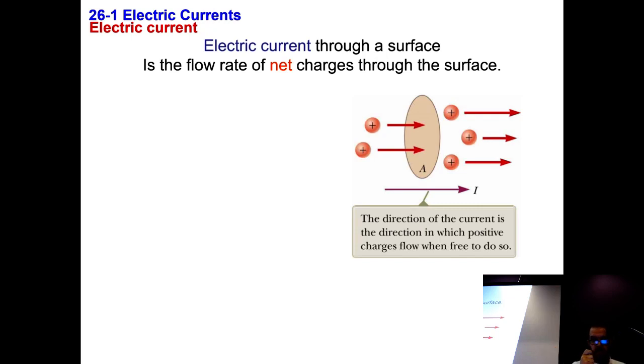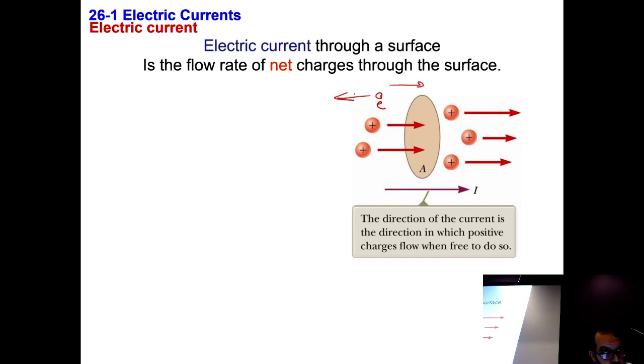But for some reason, I don't know who came up with this standard, we always think about a current as a flow of positive charges. So in reality, we have electrons flowing in this direction, but we take the current to be opposite to the direction of flow of electrons. This is a standard.